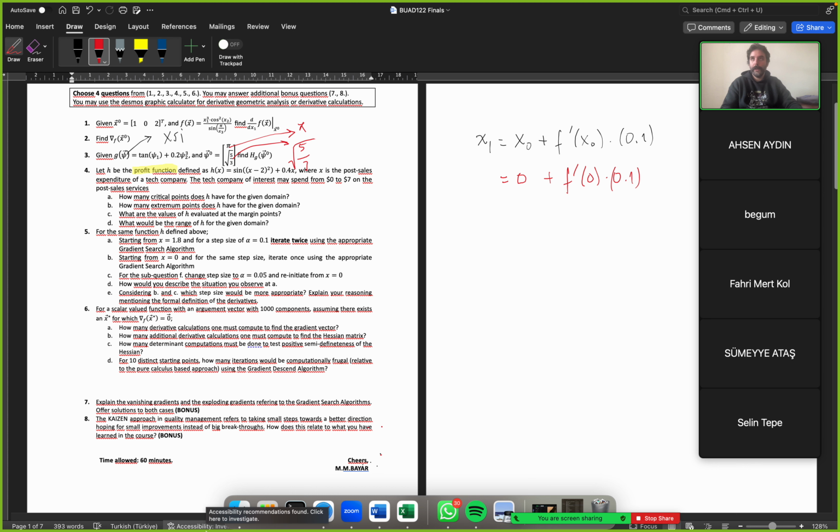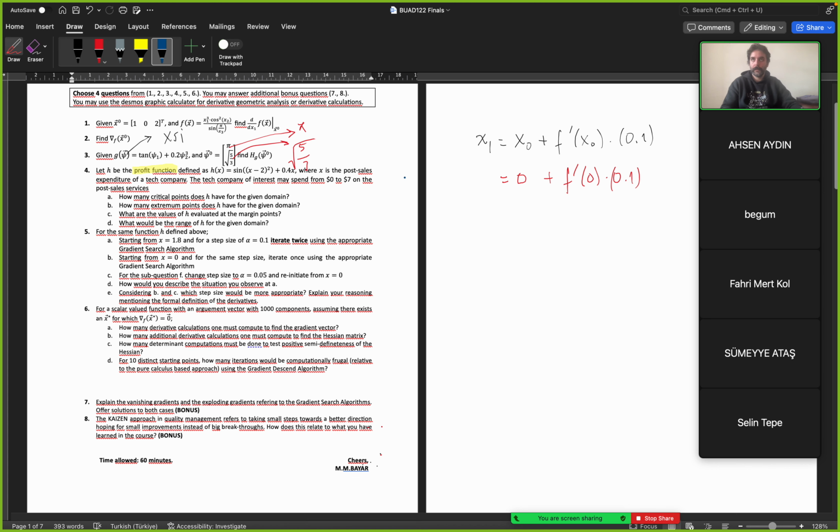So this is 0 plus 3.015 times 0.1, which gets us 0.3015. So with a single iteration, we have moved like 300 times faster than before.